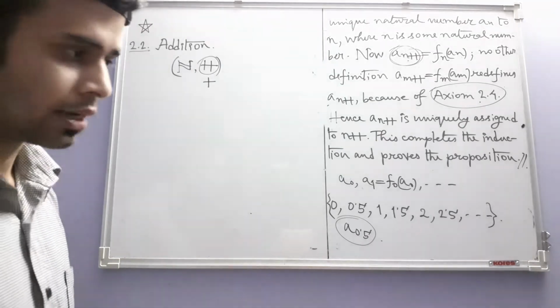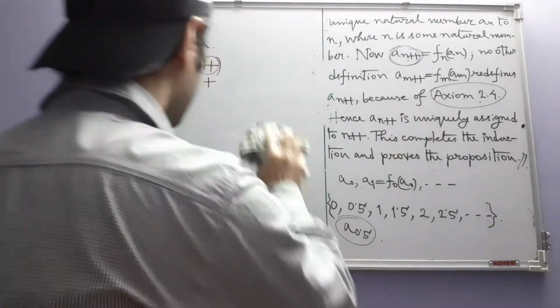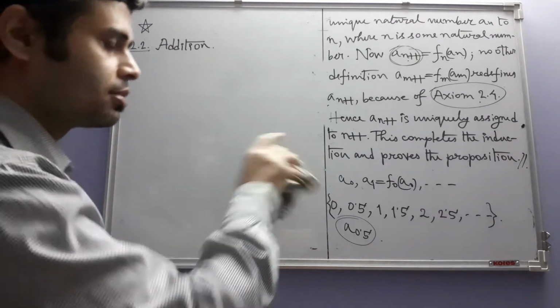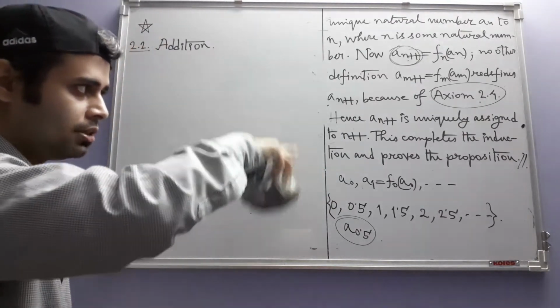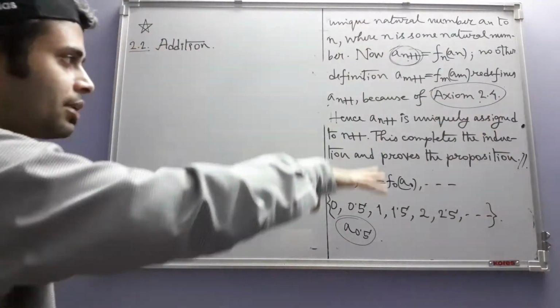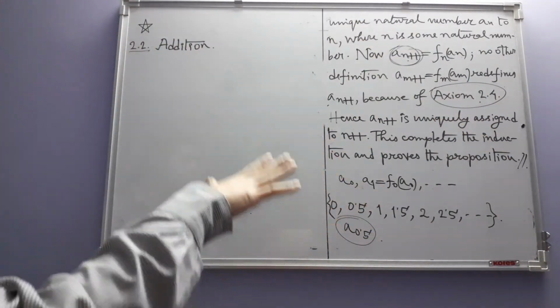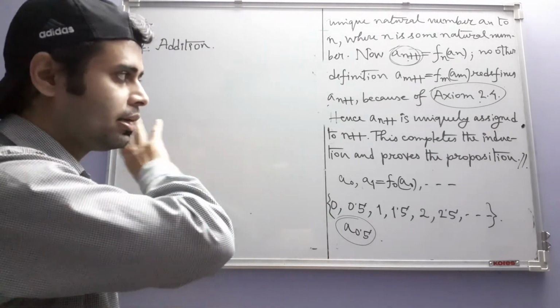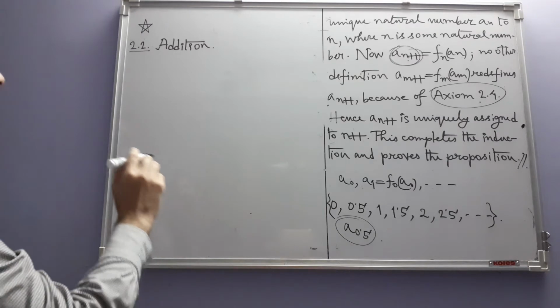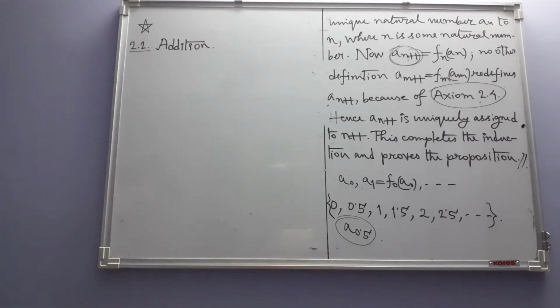And here's how it is defined. In defining this operation, we will need the principle of recursive definition. That's why we have done this thing. And the proof that we have carried out justifies that such a thing actually gives me a legitimate definition.